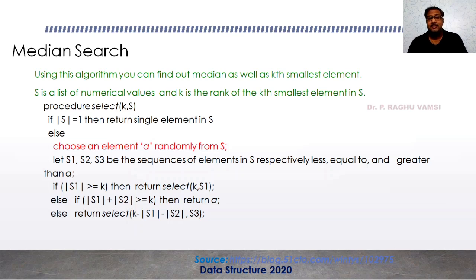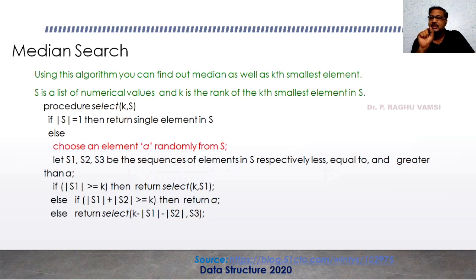This is the difference that you are supposed to recognize between linear search, binary search, and jump search. In linear, binary, and jump search, you are given a particular element and asked to search for it. But here, the element is not given.